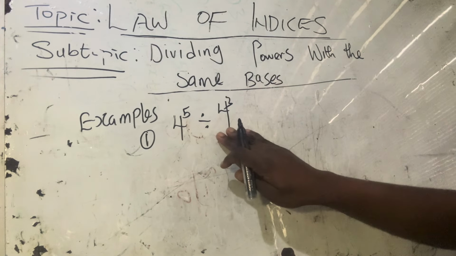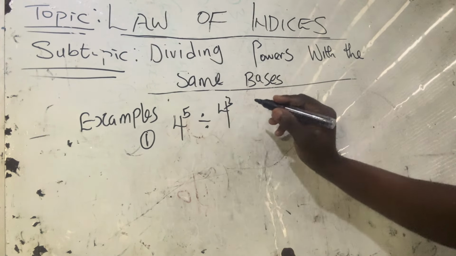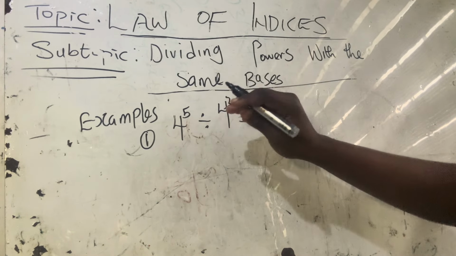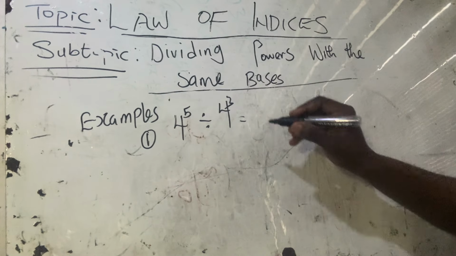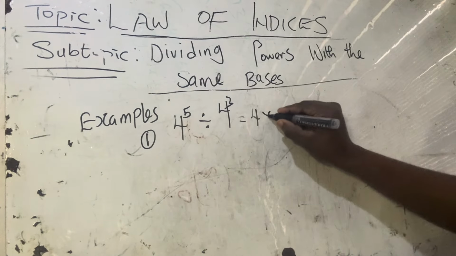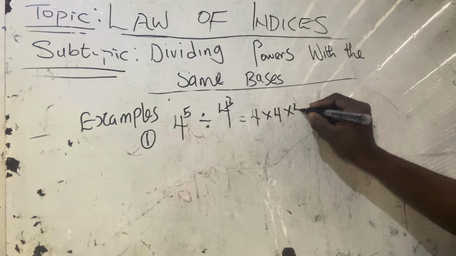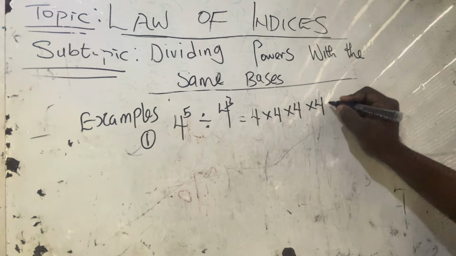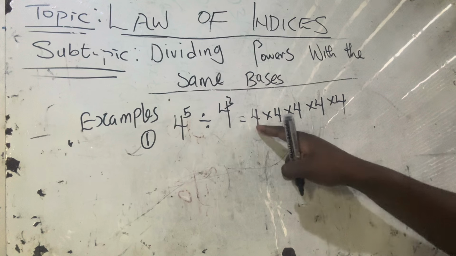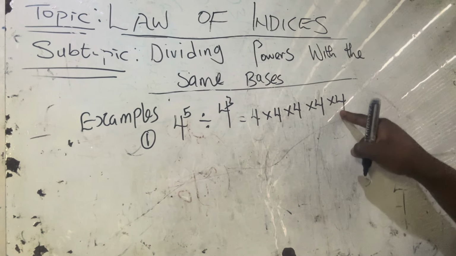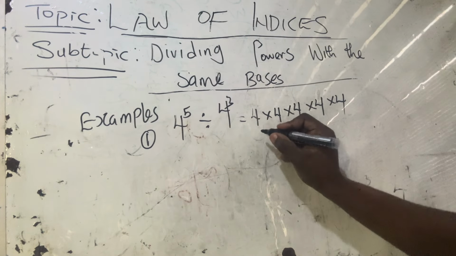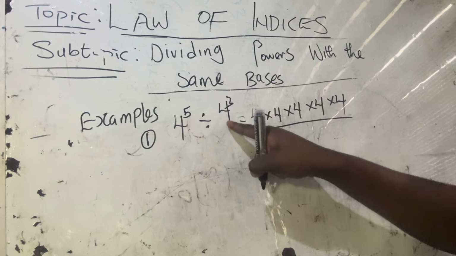Now using expanded method, 4 raised to power 5 simply means 4 times 4 times 4 times 4 times 4, 1, 2, 3, 4, 5 into 5 places, divided by 4 raised to power 3.